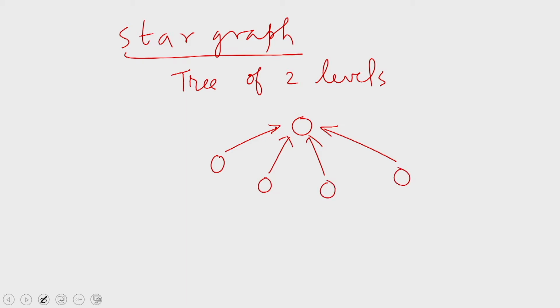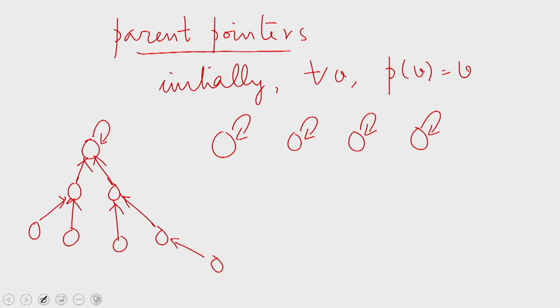And then there are no grandchildren. The tree has only 2 levels. The root is at the first level and the children are at the second level. A star graph is a tree of exactly 2 levels. So, what we want is that when the algorithm terminates, every tree in the forest must be a star graph, and there should be one tree corresponding to every single connected component in the forest.